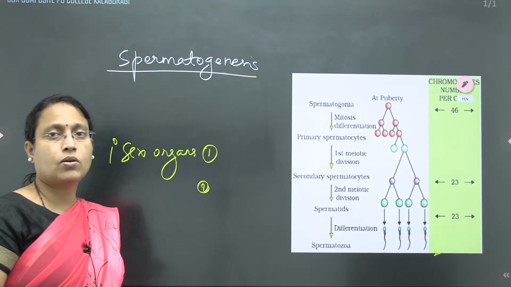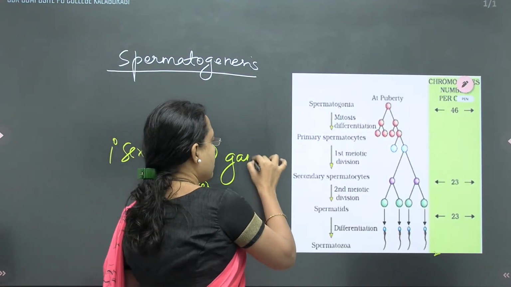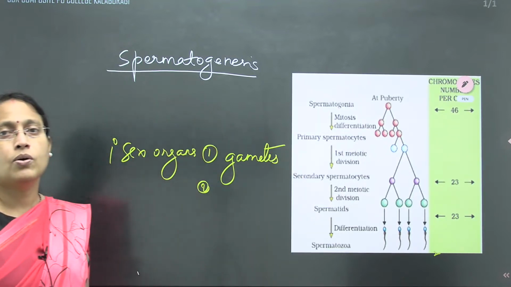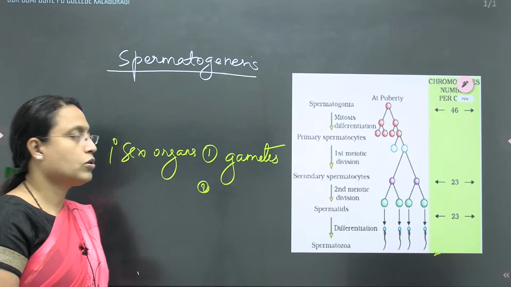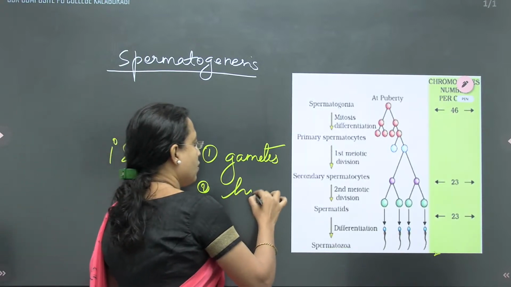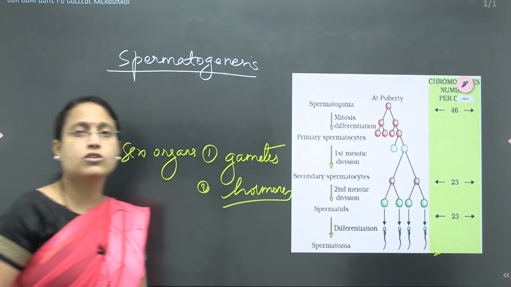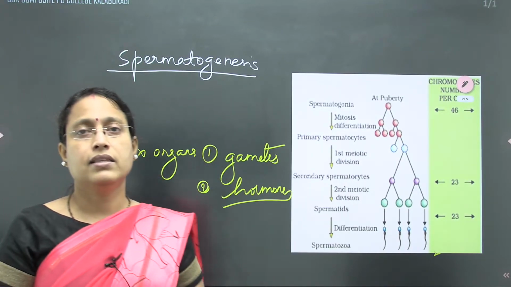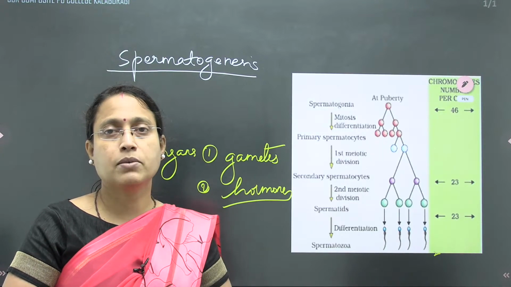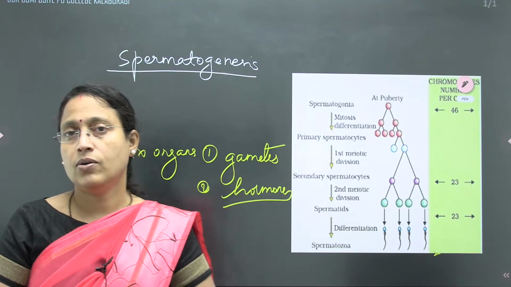First, they should be able to produce the sex cells or gametes, which are nothing but the sperm and ovum, or egg. Second, they should also produce specific sex-related hormones, which can be the male sex hormones or the female sex hormones. For these two reasons, the gonads, that is the testis and ovary, are called the primary sex organs.